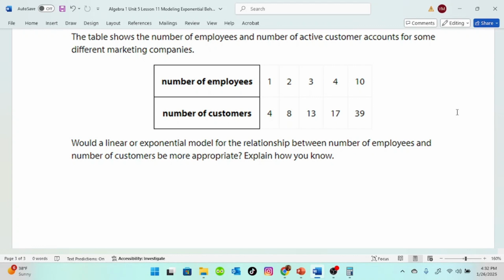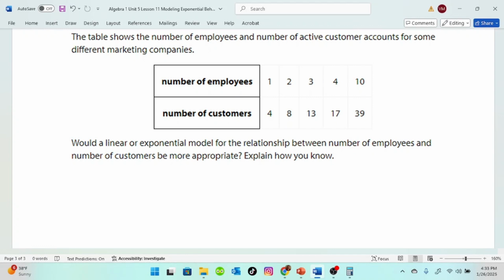Our last practice problem says the table shows the number of employees and number of active customer accounts for some different marketing companies. The question they ask is, would a linear or exponential model for the relationship between the number of employees and number of customers be more appropriate? Explain how you know. So they're not saying that it's going to fit exactly. They're asking which one is more appropriate.